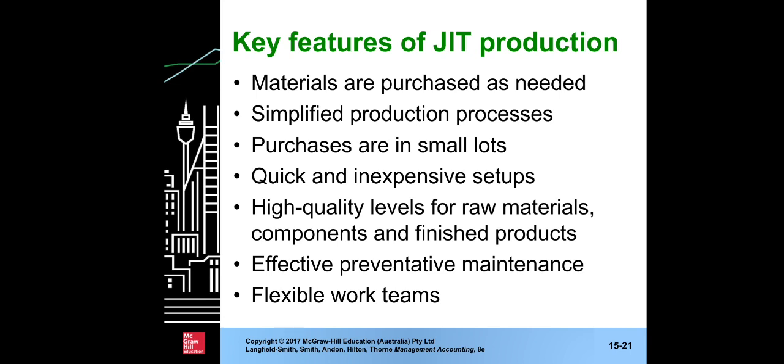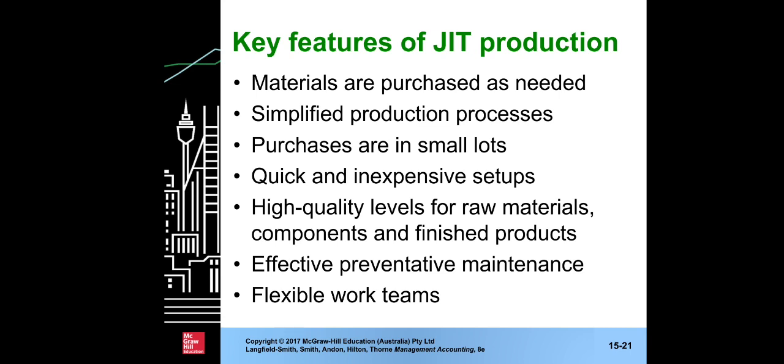Okay, see here. Key features of JIT production or approach. Materials are purchased as needed. So the business has no intention to keep inventories. They want inventories only when they need them. So there are other things related to JIT. Simplified production processes. Purchases are in small lots.